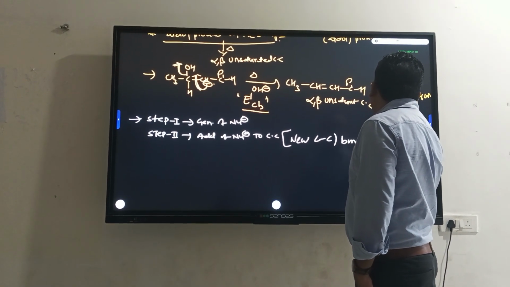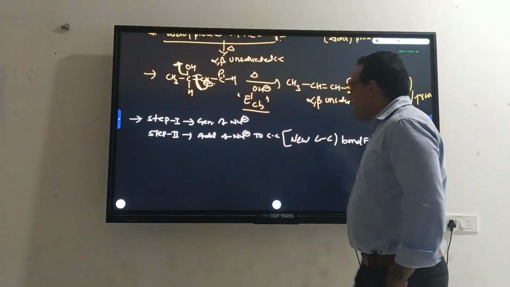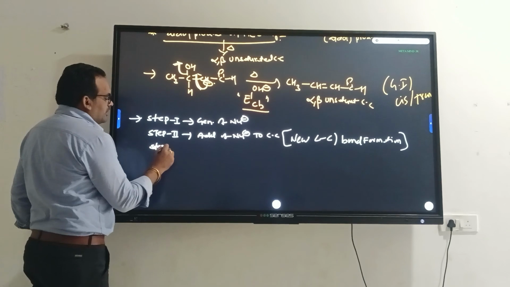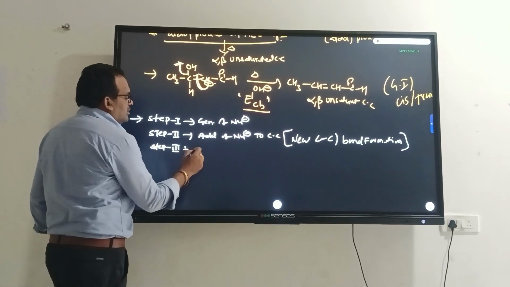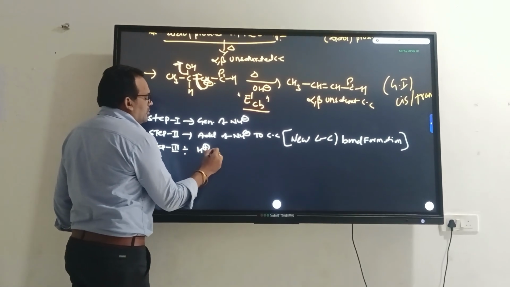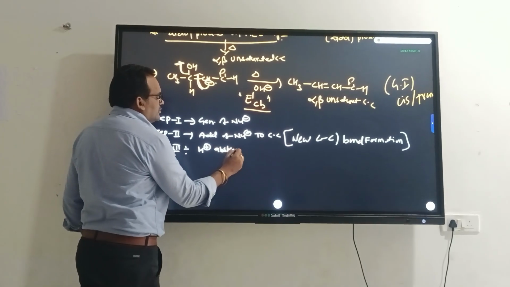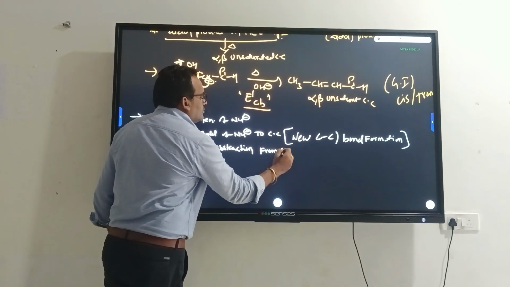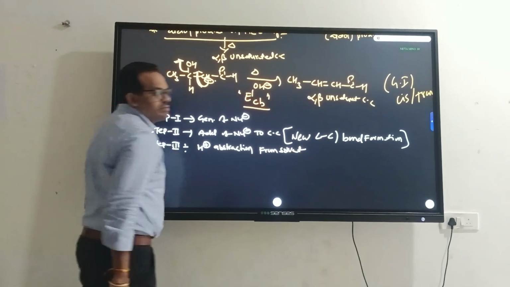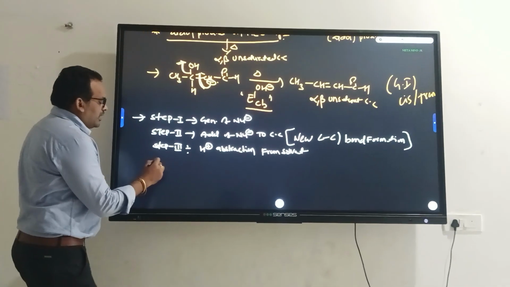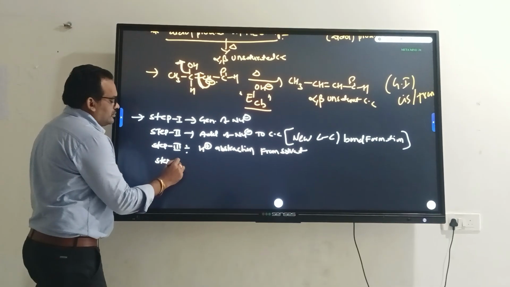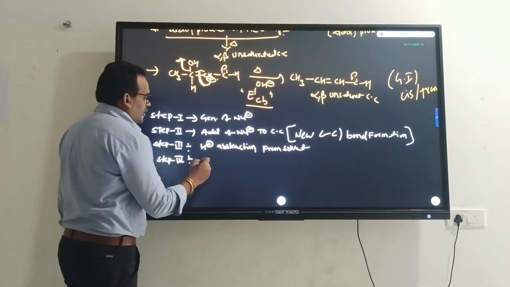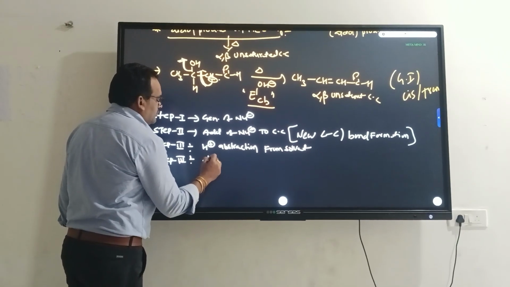Step 3 is proton abstraction from the solvent, and step 4 is elimination.